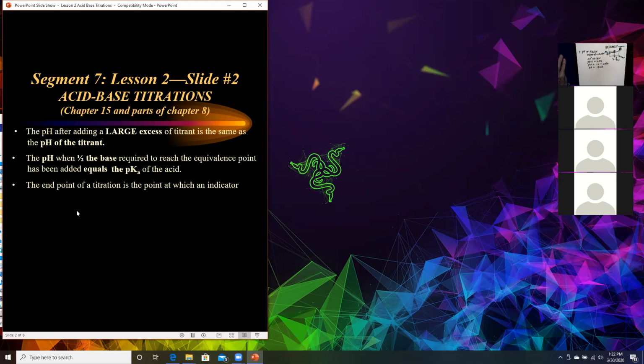Now, I want to distinguish two words for you. One is the end point in a titration and the other is the equivalence point in a titration. The equivalence point in the titration is what we got right here for number 3. That is the pH when you have added equivalent numbers of moles of acid and base. Now, how would you know that?